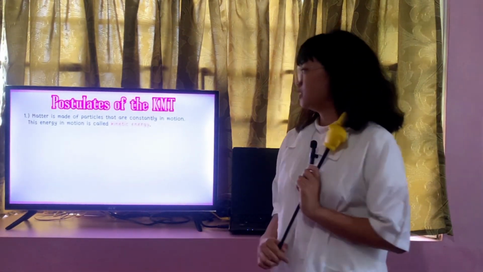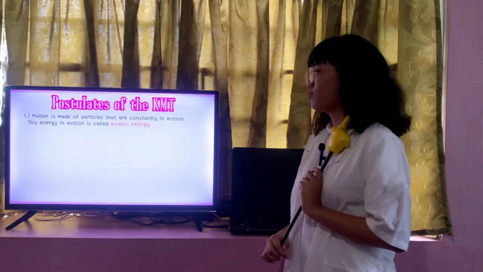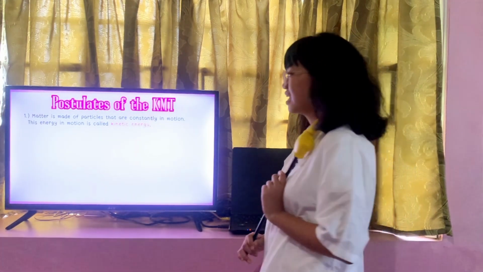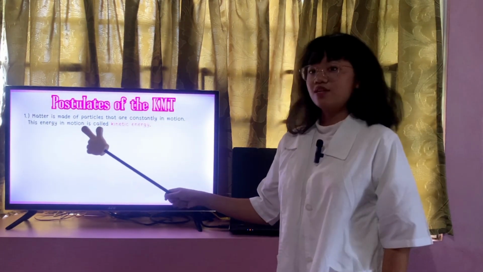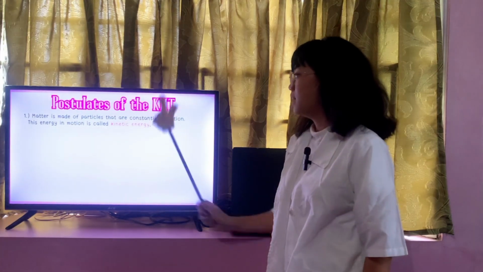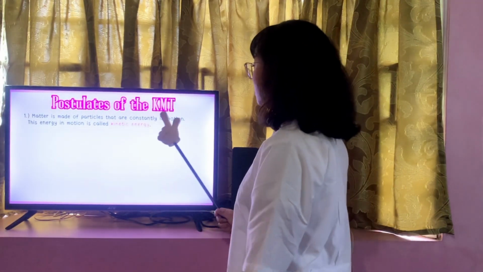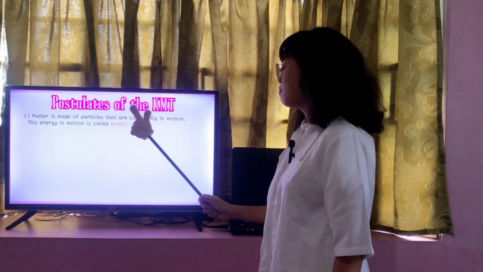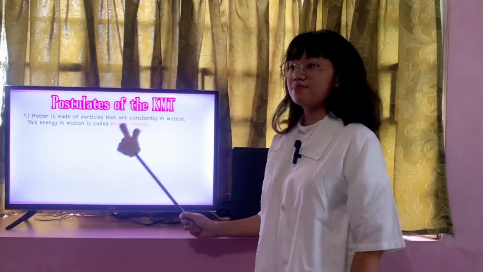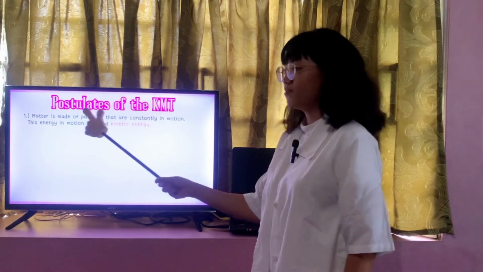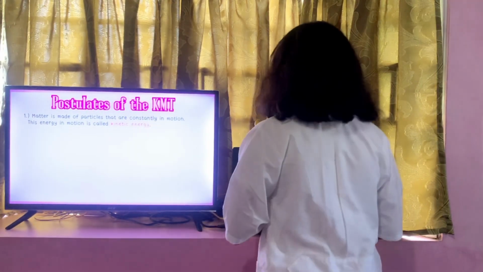As for the postulates of the kinetic molecular theory, let us begin with number 1. Matter is made of particles that are constantly in motion. And this energy in motion is called kinetic energy. Oh, I've already mentioned this earlier. Kinetic energy helps us explain the constant movement of particles in a substance.